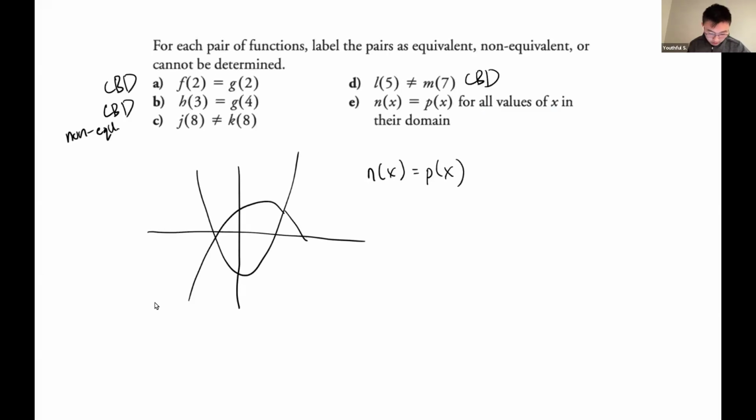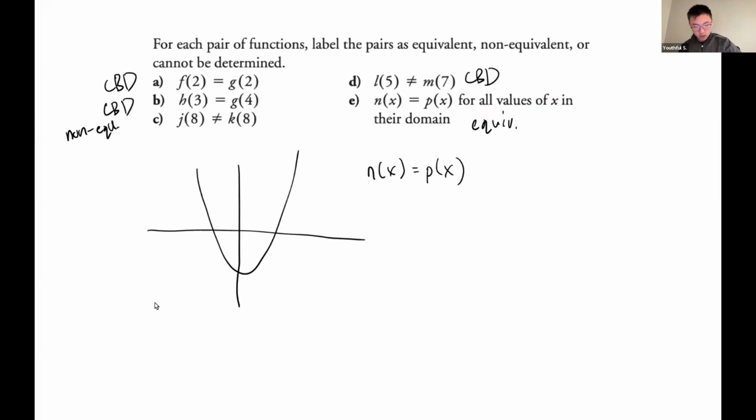So every single value of x. So I'm forced to draw an equivalent function, basically. So this one I can say is equivalent. Okay. So that can be kind of confusing, but trying to graph it and just think of some examples is really helpful.